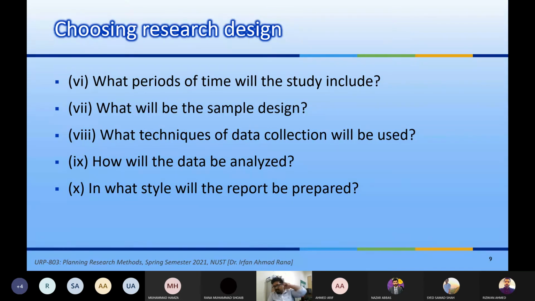Even if you look at research papers, they have commonalities: introduction, literature review, methods and data collection, data analysis techniques, results and discussion. These headings and this style really help you in formulating your research design.